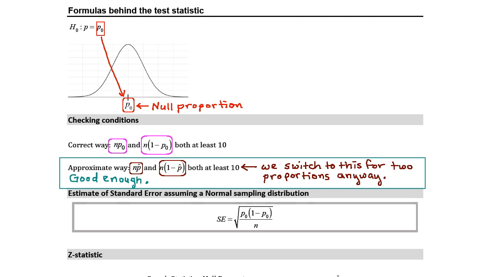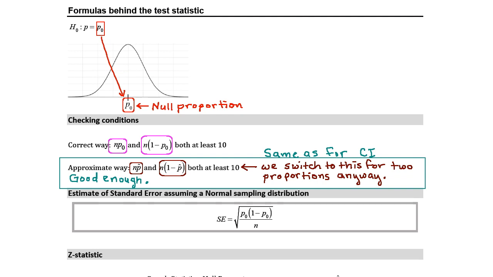So what this means is that we really can use the exact same method that we used for confidence intervals when we're checking conditions.